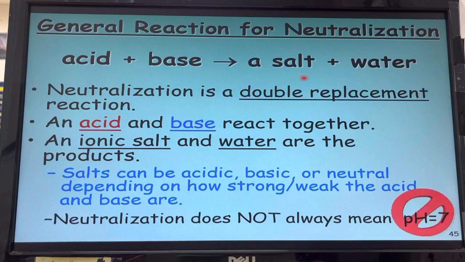So even though it's called a neutralization reaction, and the word neutral is the root word, it doesn't always mean that it's going to end with a neutral pH of 7. It's probably going to be skewed one way or the other. You would have to have equal ionization of both the acid and the base to get a perfect neutral pH.